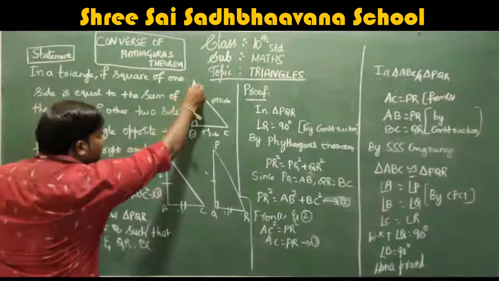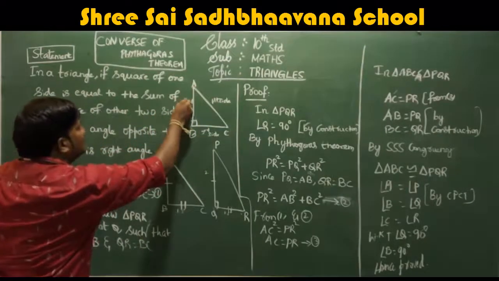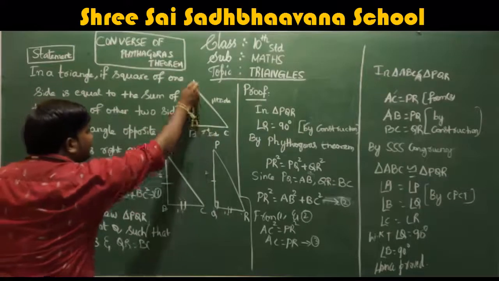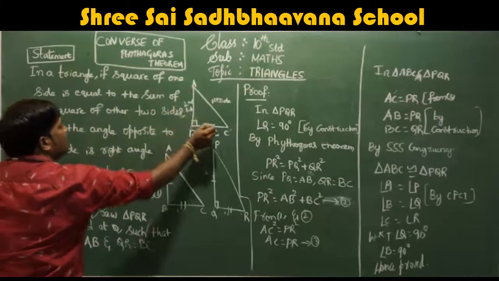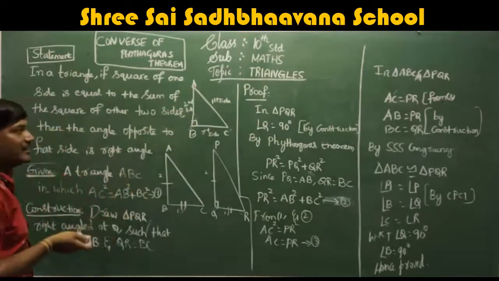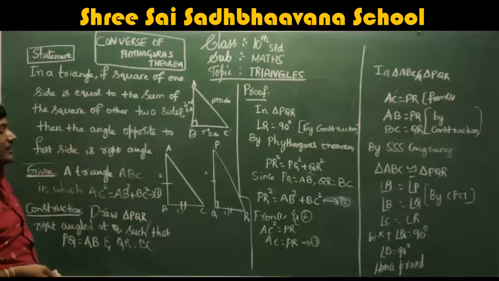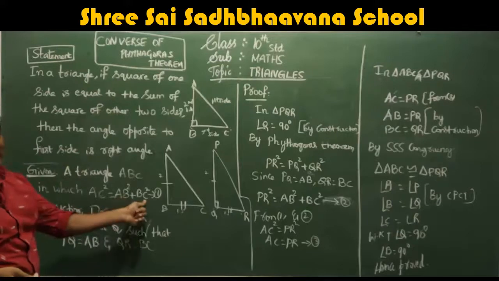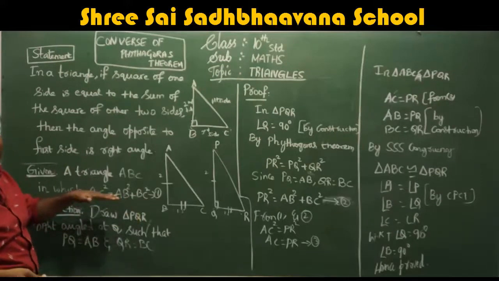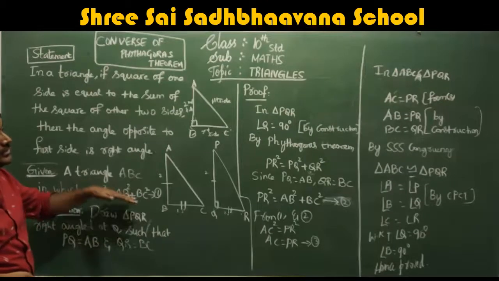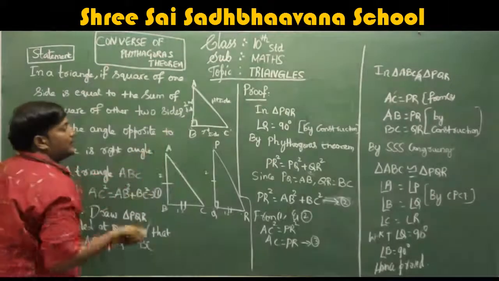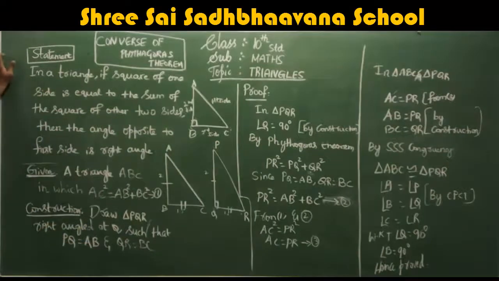The square of the first side is equal to the sum of the squares of the other two sides. It means AC square is equal to AB square plus BC square. If this condition is satisfied, and it is clearly given that this condition is there, using this statement we have to prove that angle B, which is the angle opposite to the first side of the triangle ABC, is a right angle.